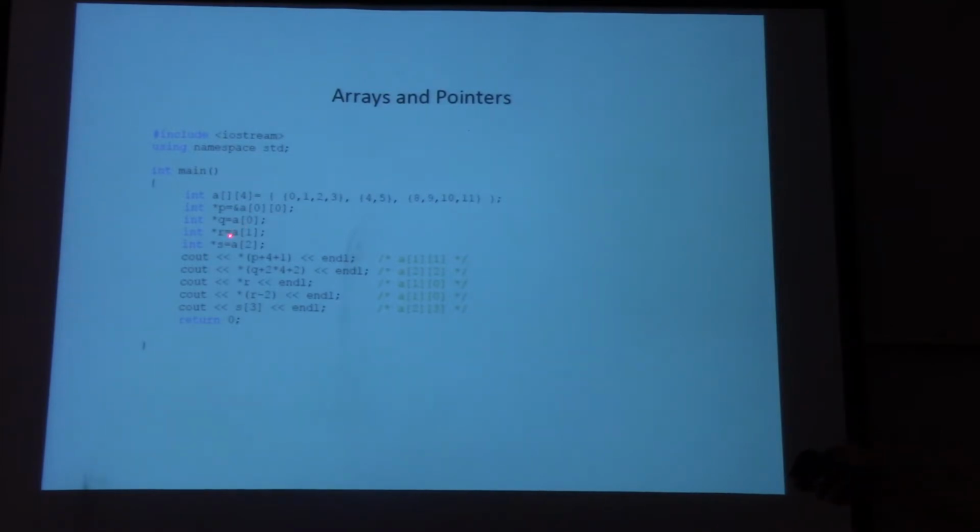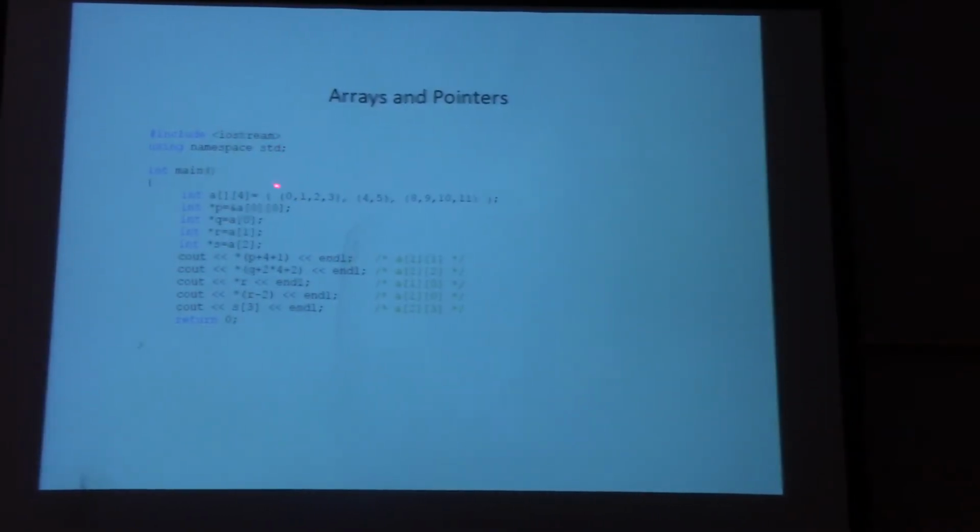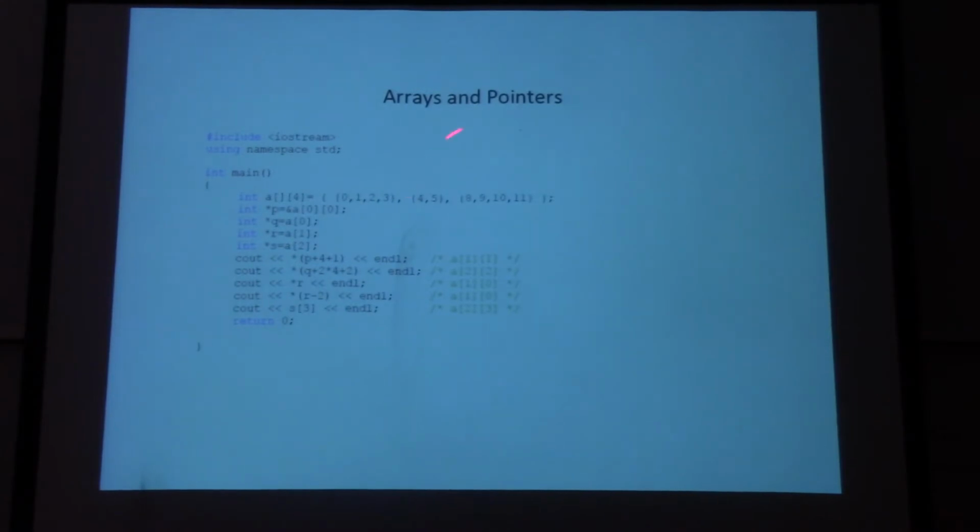Okay, what type is A sub 1? Const int pointer, okay, same thing here. So Q, R, and S. Tell me what Q, R, and S are pointing at. Q is pointing at the beginning of this array, R the beginning of this array, S the beginning of this array. Notice that S, which is A sub 2, is pointing right here, which means it has skipped those two zeros that are not initialized.